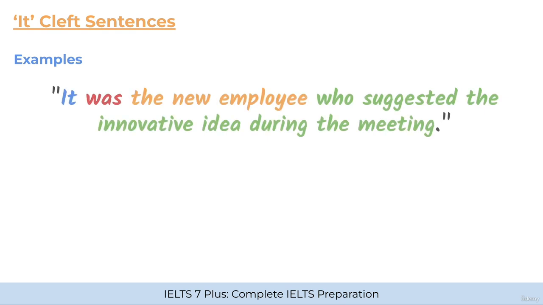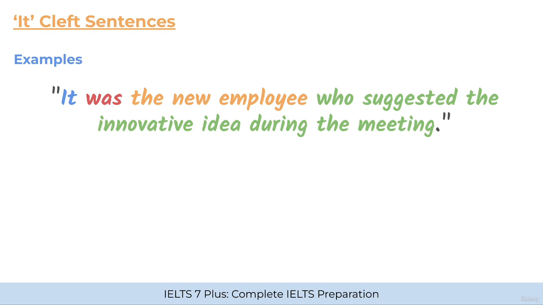For example, it was the new employee who suggested the innovative idea during the meeting. So you can see we've got our it, our form of the verb to be, and the rest of the relative clause. So it was the new employee. It's sort of hanging in the air. If you were to put a full stop there, would it work?